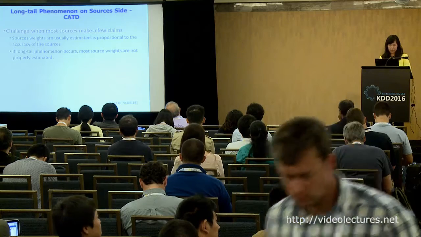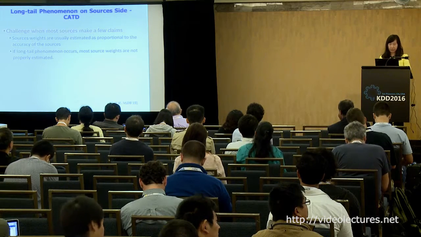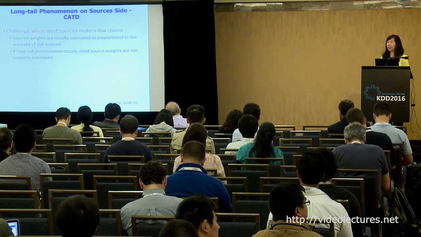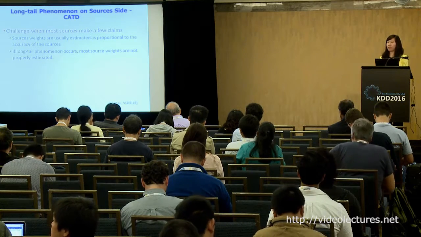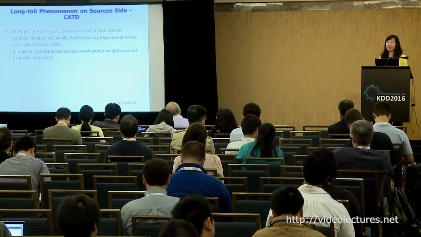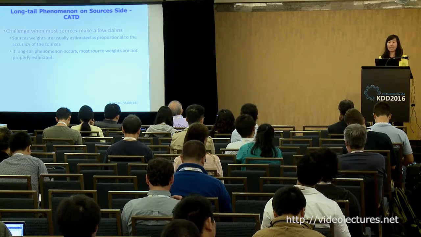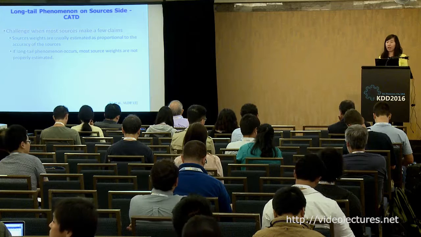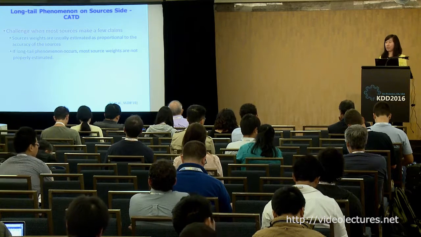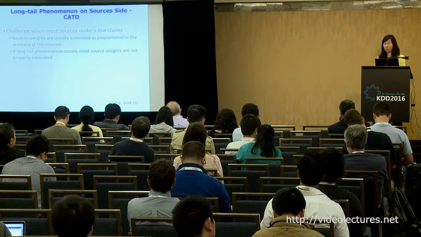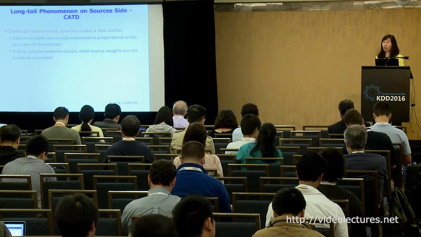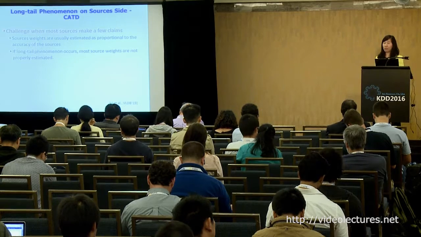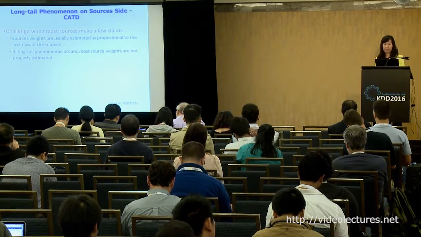The next one I'll talk about is the long tail phenomenon on the source side. In many data sets, only a few sources make many claims, and the majority of the sources only give claims to one or two objects.